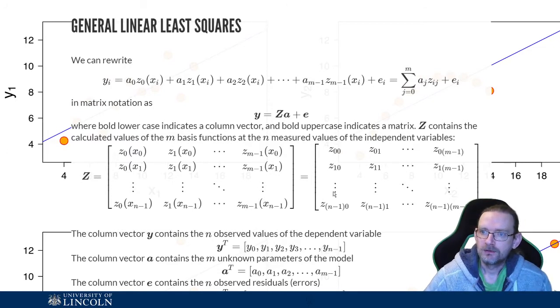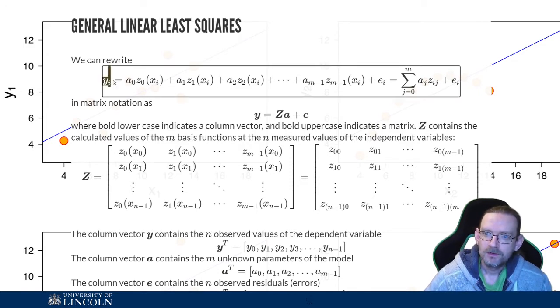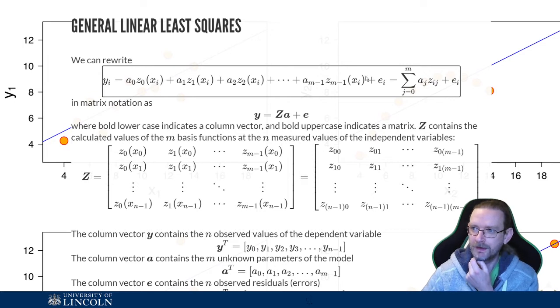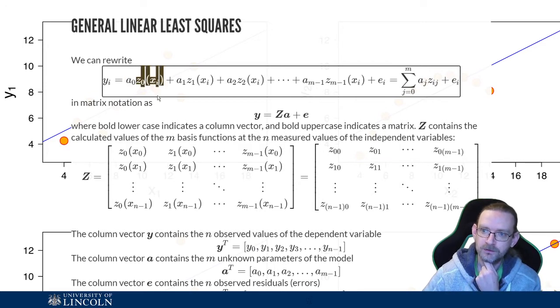So let's write this out in matrix notation, our set of equations. So we've got the observed dependent variable value, the observed value of y. I'm just writing out again what we had. It's going to be our first parameter, a0, which we're going to determine, times the first basis function evaluated at the value of the independent variable.